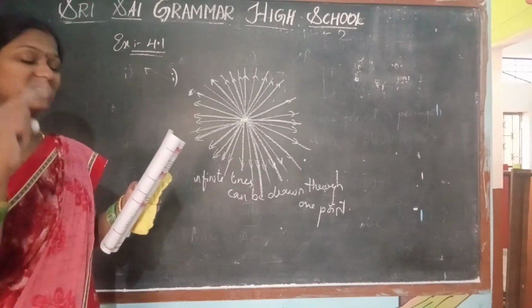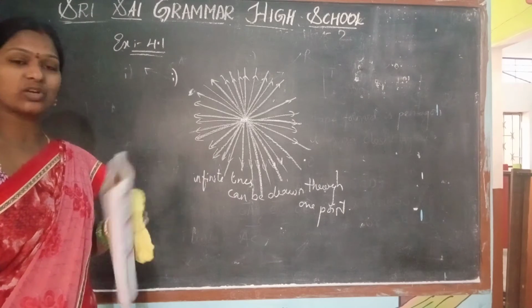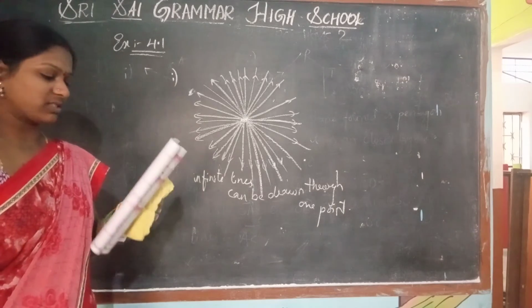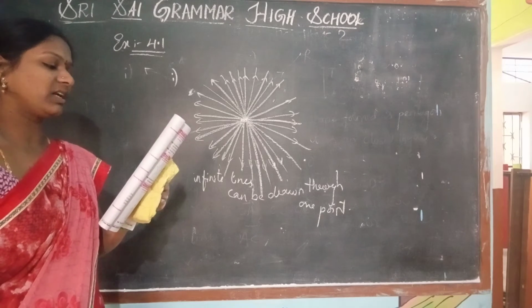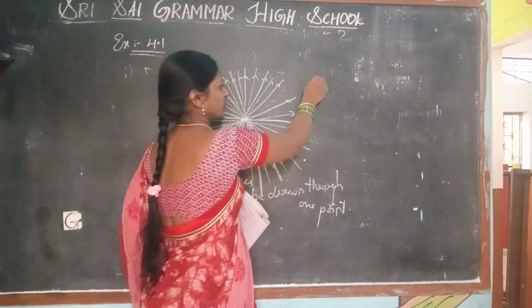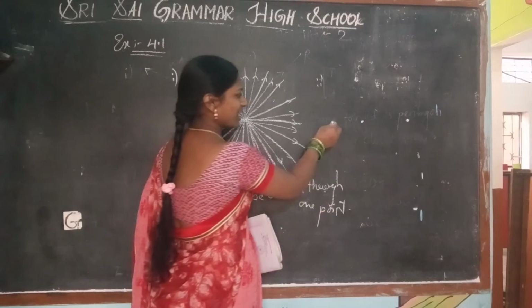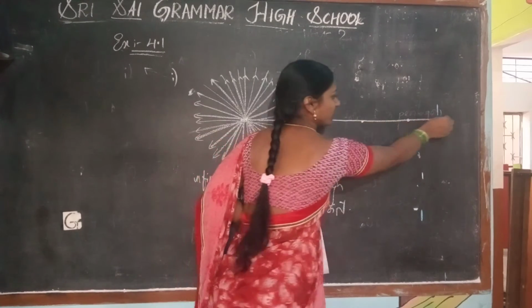Then, only one line can be drawn if they give 2 distinct points. How? See, if they give the 2 distinct points here, how many lines can be represented? Only 1 line.